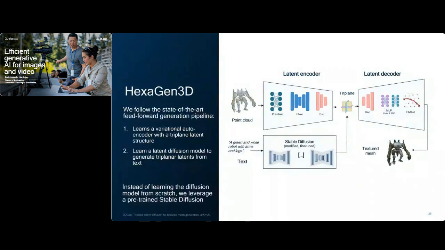And here is the overall pipeline that we follow, adopted from the state-of-the-art 3D generation paper called 3DGen. It basically is a latent diffusion model that first learns a variational autoencoder with a three-plane latent structure to reconstruct the meshes. Then, after learning this autoencoder, it learns a latent diffusion model to generate this triplanar latent from the text prompts.